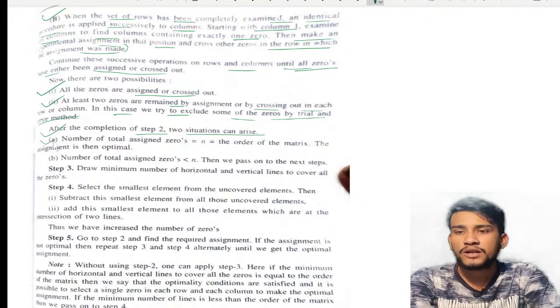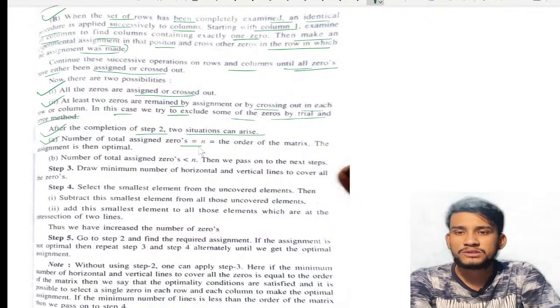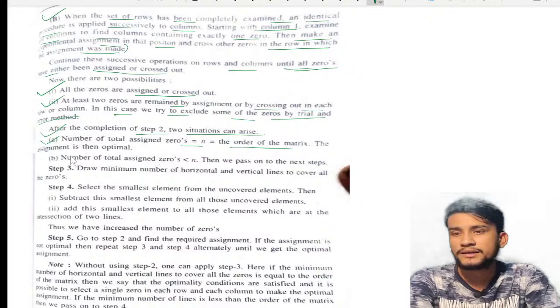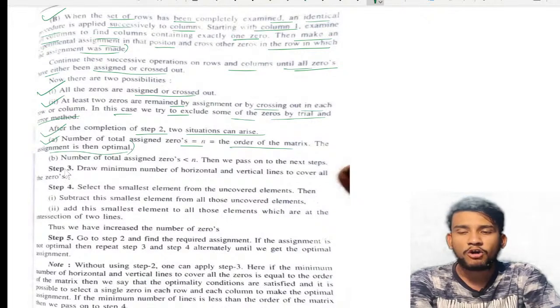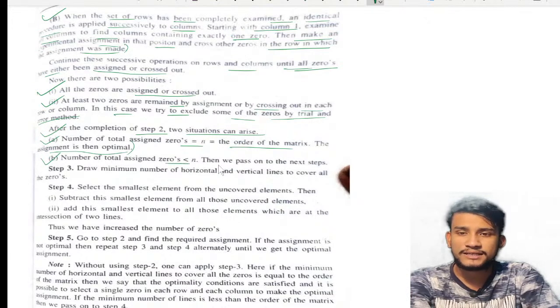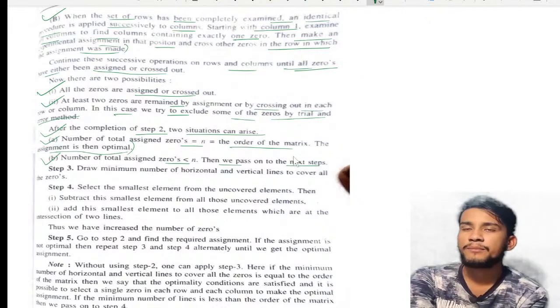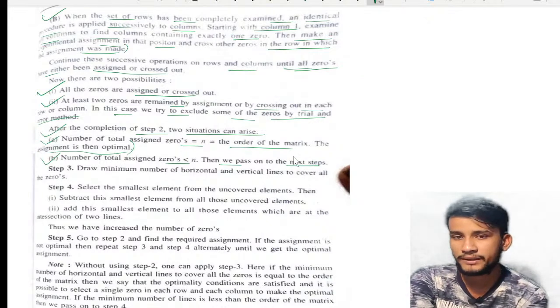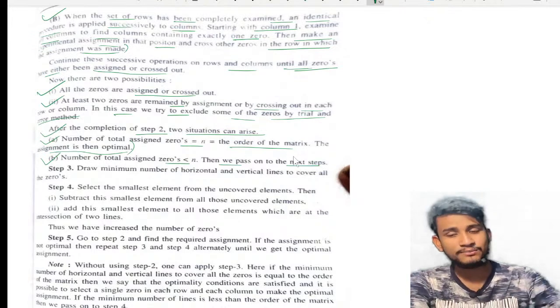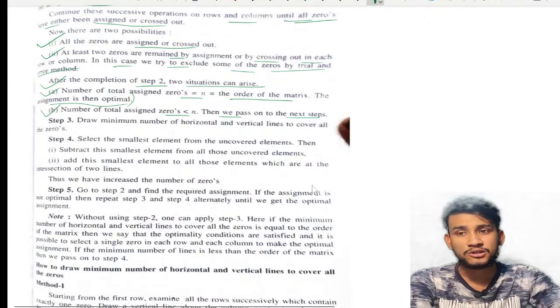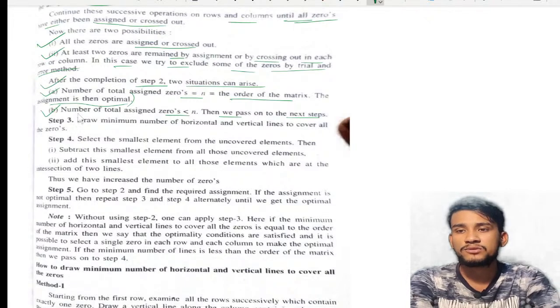If the number of total assigned zeros equals n, the order of the matrix, the assignment is optimal. And if the number of assigned zeros is less than n, then we pass on to the next steps. So if the number of zeros assigned is equal to the order of the matrix, then this is optimal, and if it is less, then it is not optimal. So for that case we go to the next steps.